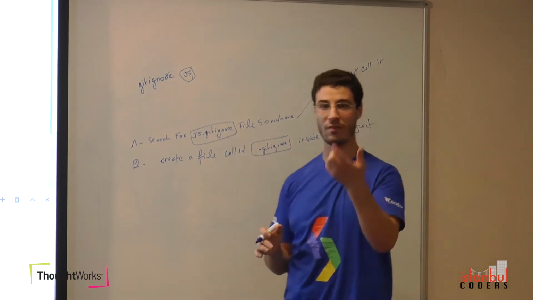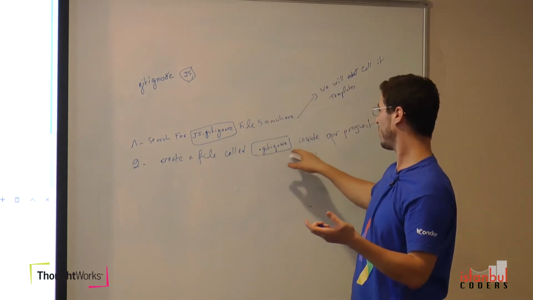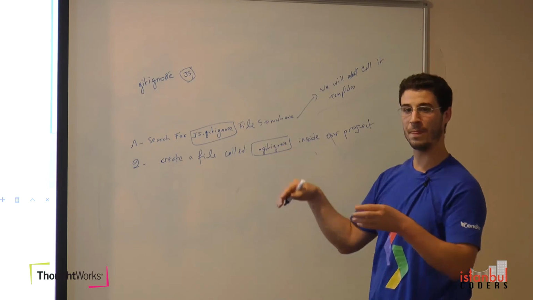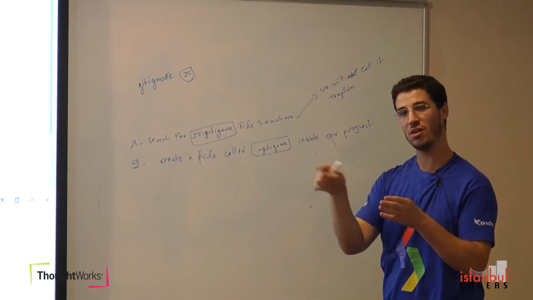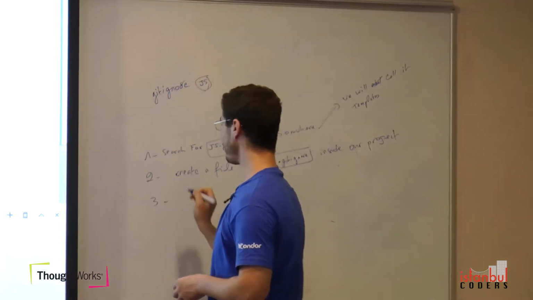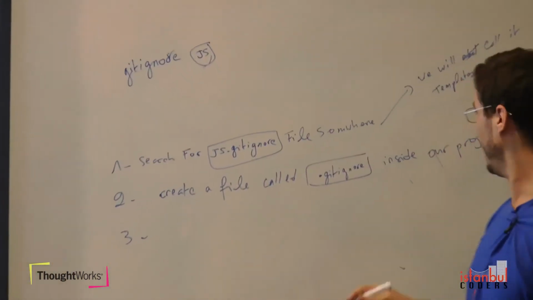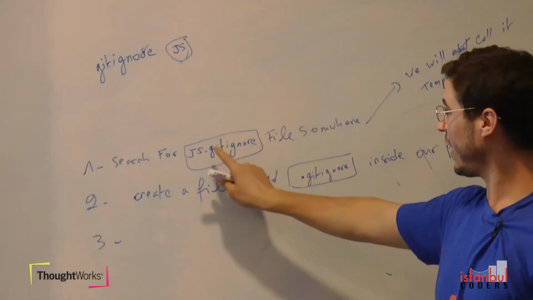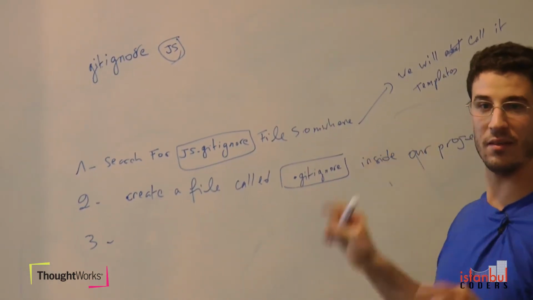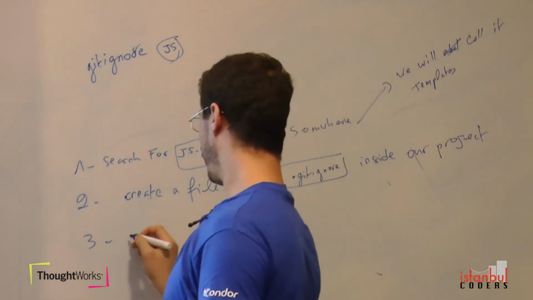If we are inside the JavaScript project, it will be the JS project/.gitignore, and for a Java project, Java project/.gitignore. What's the third step? Very easy. We take the content of this file and put it inside this file.